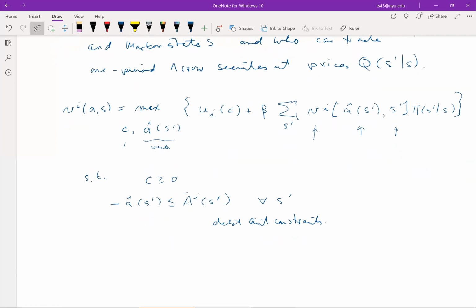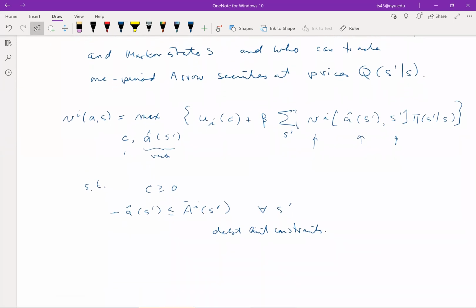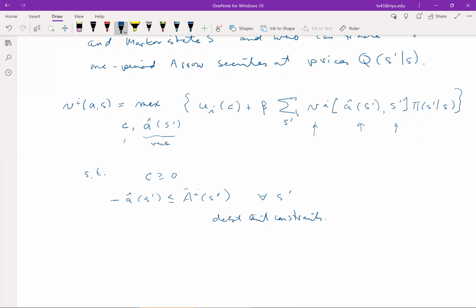You have to have these constraints. Okay, not quite done. Consumption has to be positive. My debt limit constraints. And now I have my budget constraint.